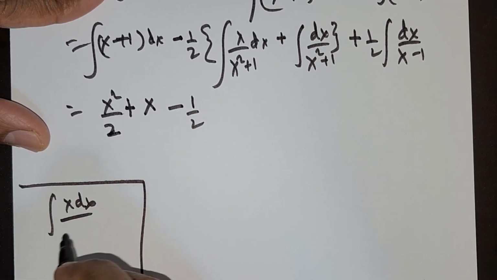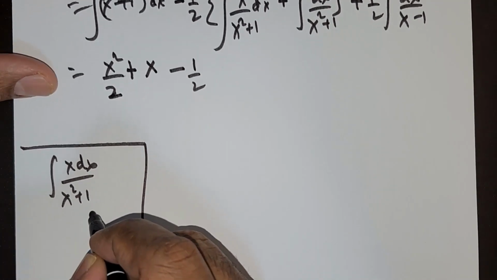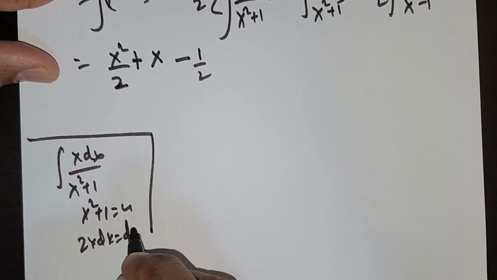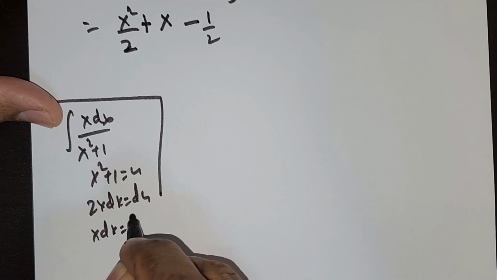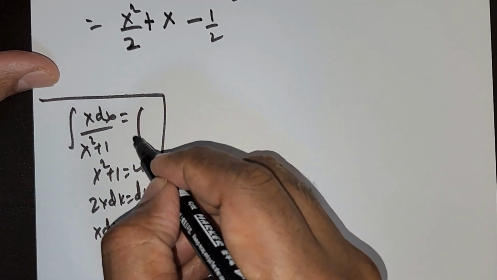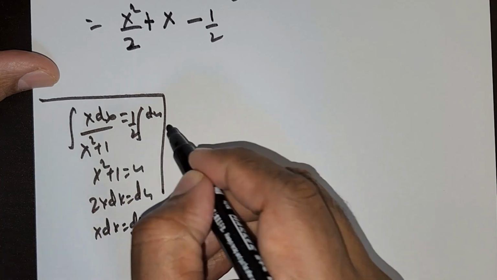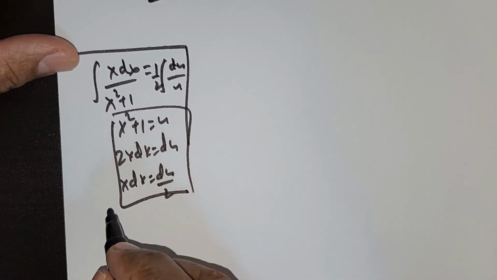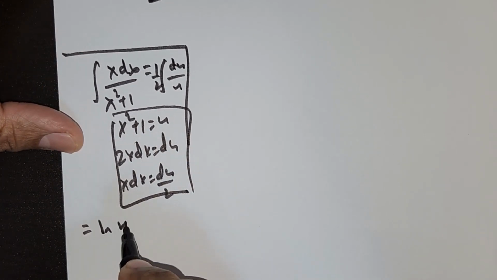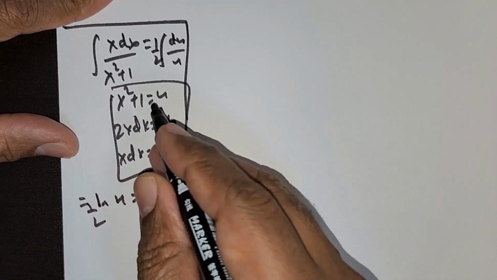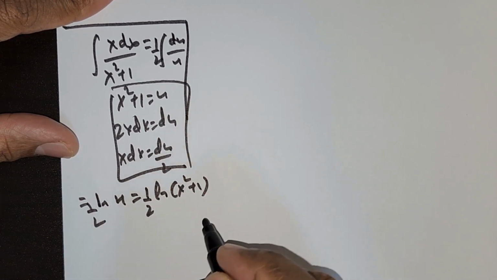You have x dx divided by x squared plus 1. Now if you take x squared plus 1 equal to u, you have 2x dx is equal to du. So x dx is equal to du over 2. You substitute x dx as du over 2, you have 1 over 2 du divided by u. So that would give you 1 over 2 ln u. But my u is x squared plus 1.